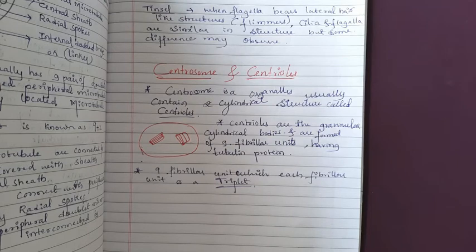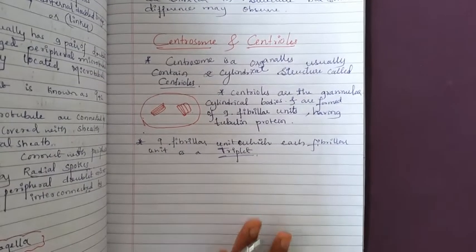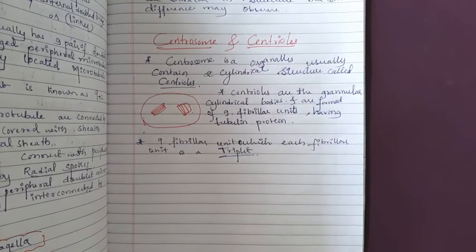Okay, the two adjacent triplets are also linked, I will draw the diagram, then you can easily understand that it is similar to the cilia and flagella.